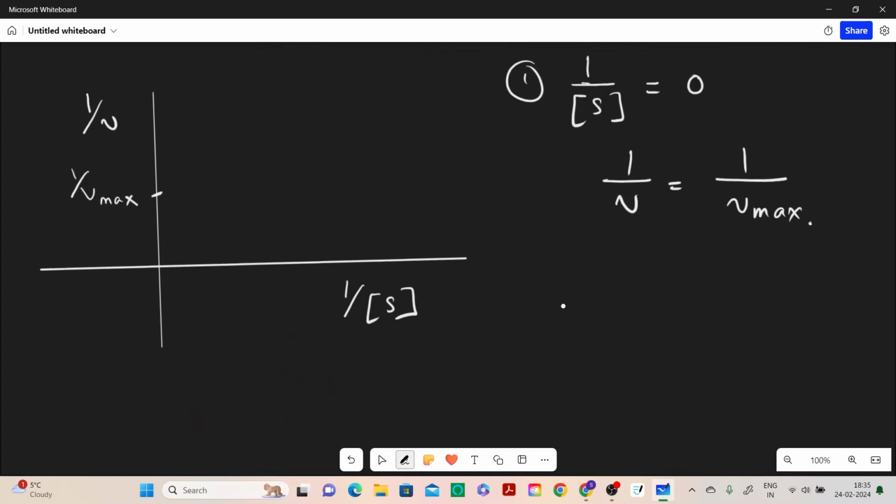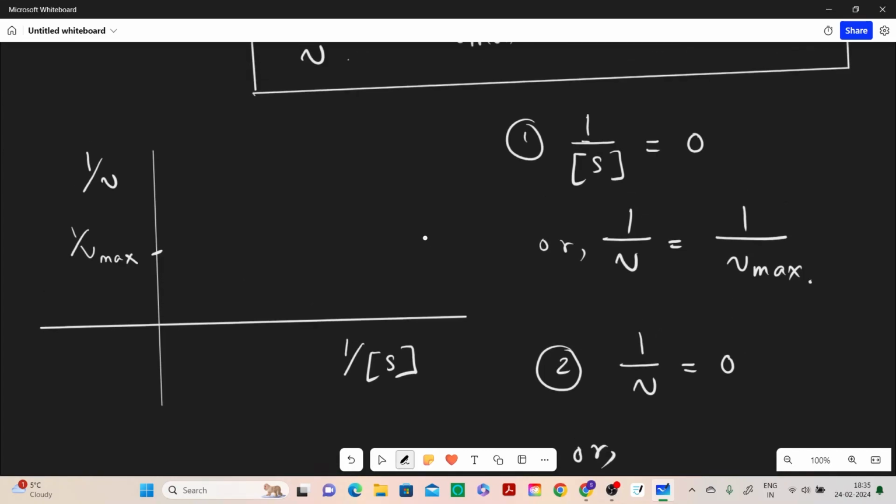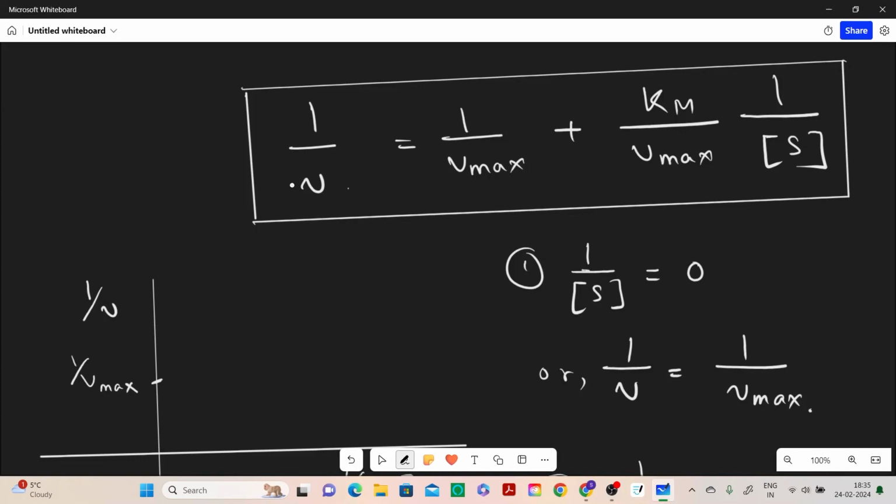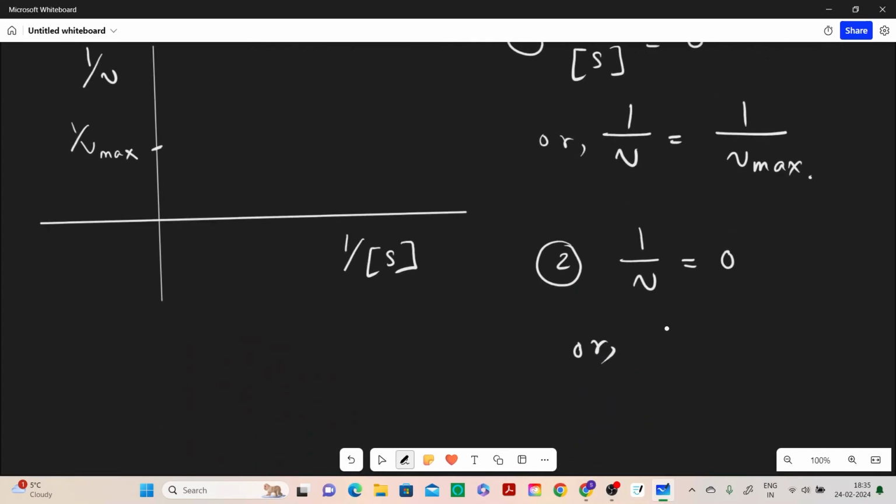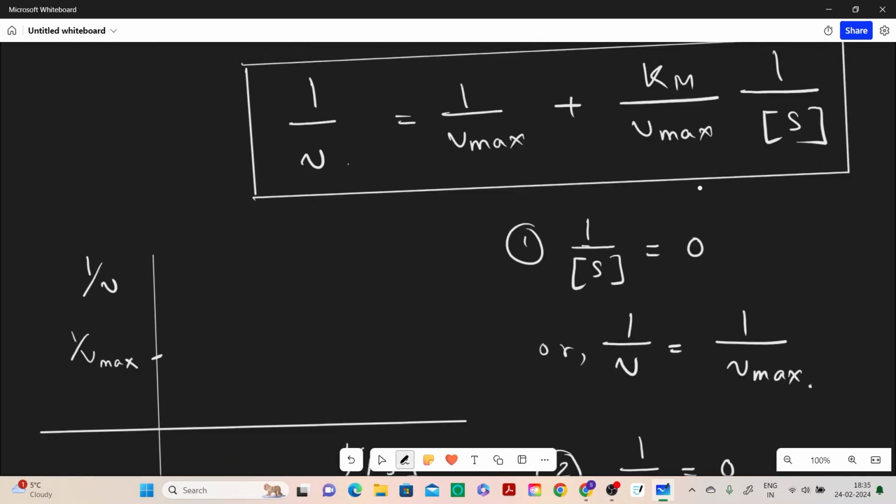Now, when 1 by V is equal to 0, this portion of the equation is 0, so we have 1 by S is equal to minus 1 by Km from this equation.